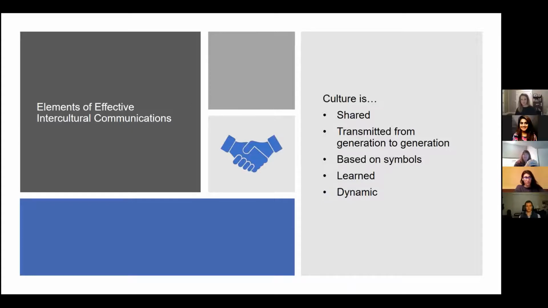So it's evolving, it's changing, it's moving and shifting, and different generations within that culture are going to feel differently about different things. And so the key element of intercultural communications is to be able to fully understand these concepts around culture, right? And so we'll talk about how to put that into practice in the next slide.